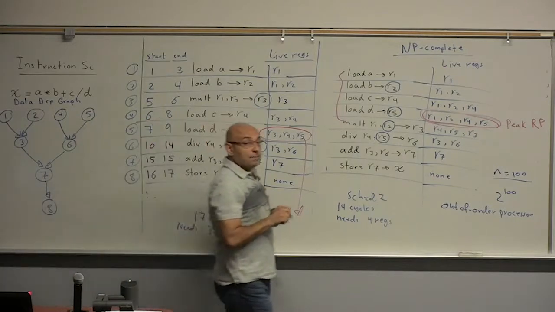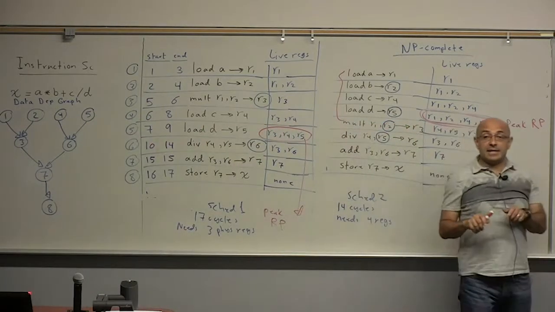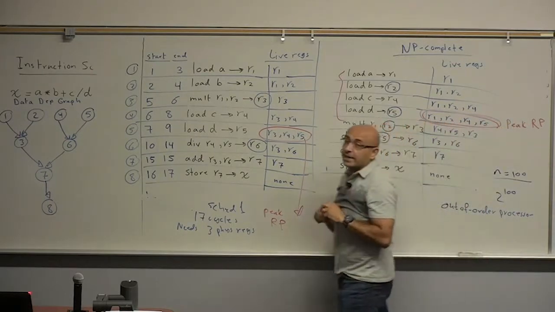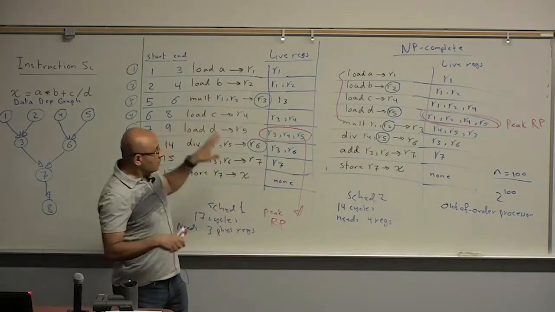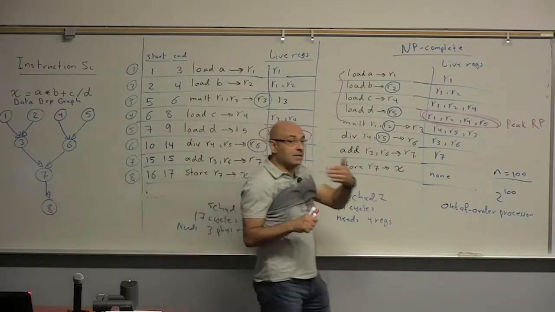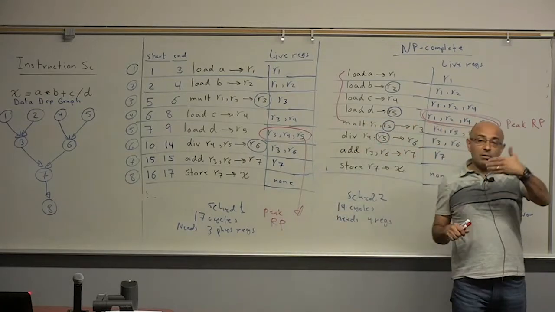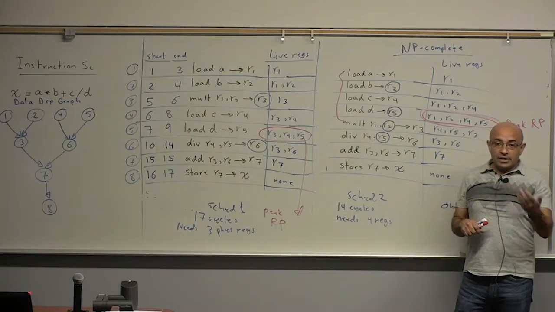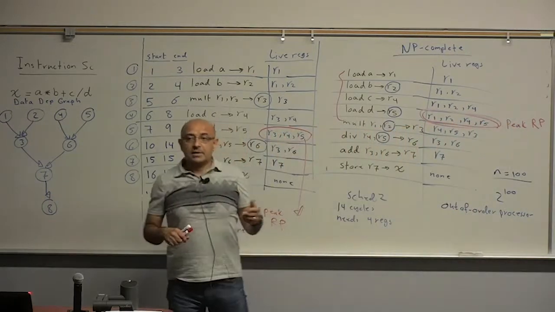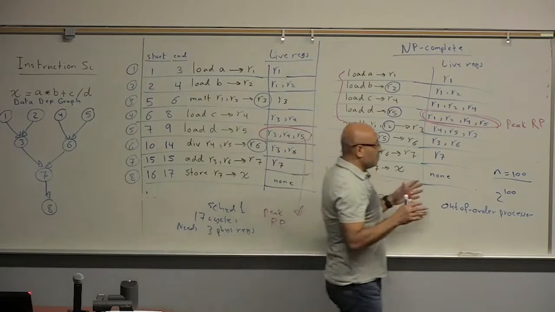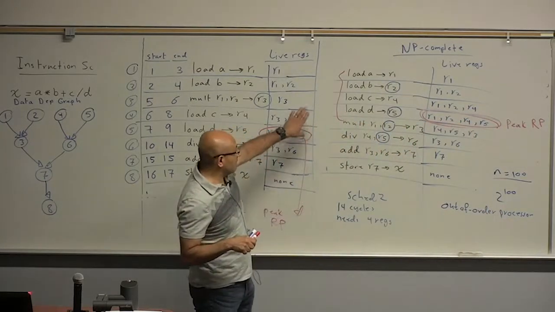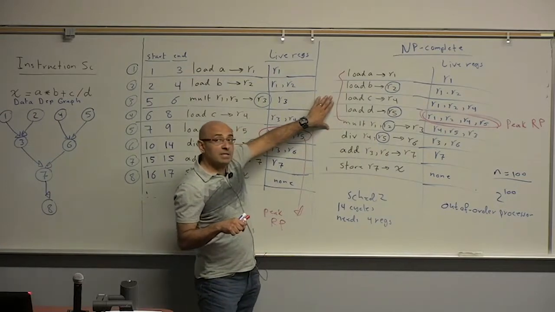So if your processor has out-of-order execution and it has a good out-of-order execution engine, you better focus on minimizing the number of registers, because minimizing the number of registers needed is going to cause the register allocator to generate fewer spills, fewer loads and stores. So that's much more important than minimizing the number of cycles, because the processor is going to try to minimize the number of cycles.